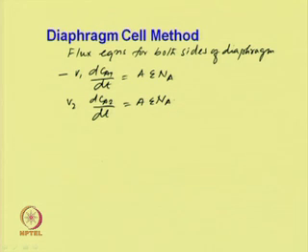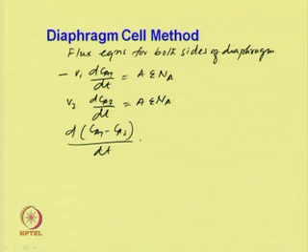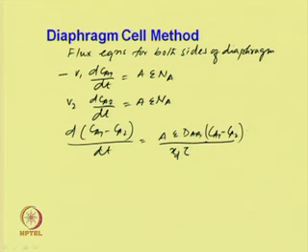So, combining these two equations, we can get d(CA1 minus CA2)/dt would be equal to A epsilon DAB by x tau, into CA1 minus CA2, into 1 by V1 plus 1 by V2.